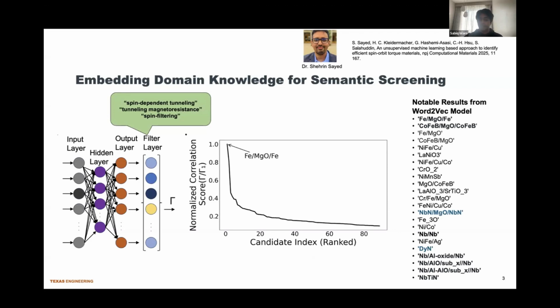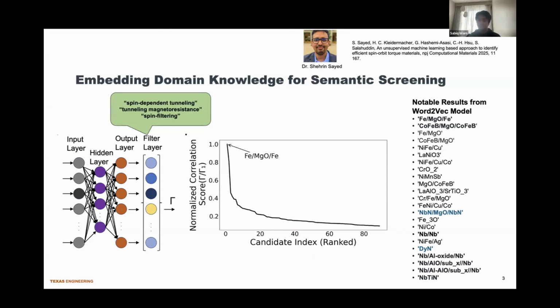So words that have a high cosine similarity with our anchor terms, spin-dependent tunneling, tunnel magnetoresistance, and spin filtering, are known as materials that could be good tunnel barrier candidates. So from here, we can see that materials with a high correlation score are correctly predicted as tunnel barrier materials. Seeing as though MgO is predicted as the best, it shows that our model correctly trained on the data.